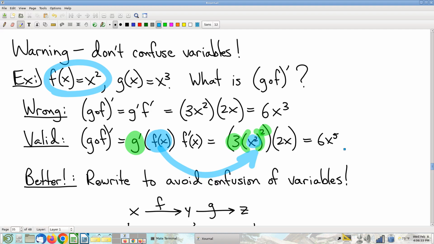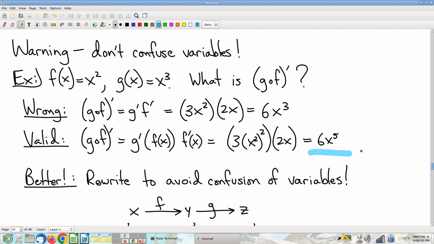So you've got to plug the first function into the second derivative. And honestly, that's pretty confusing, right? We've got x squareds being plugged in where x used to be. That's weird and awkward. So even though we do get the right answer here, and I call it valid, it's still confusing, and I think suboptimal.